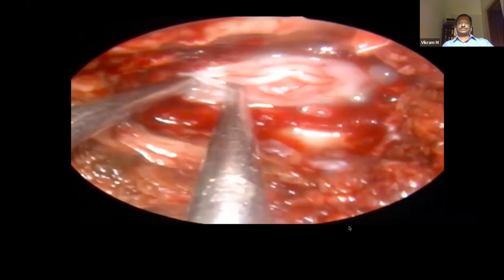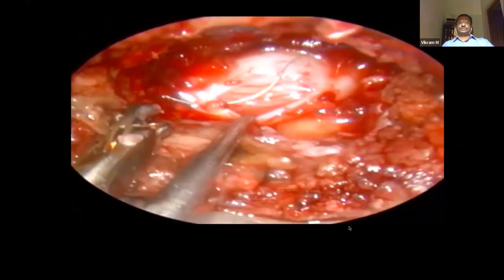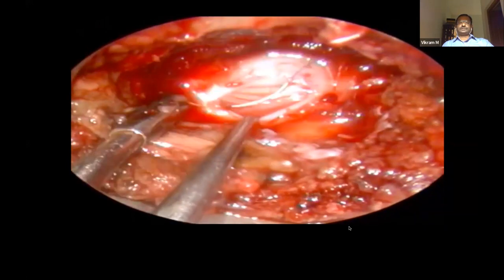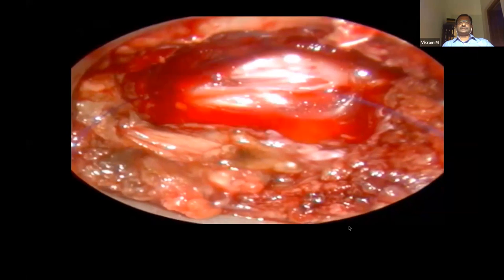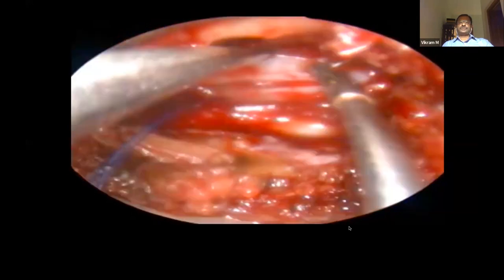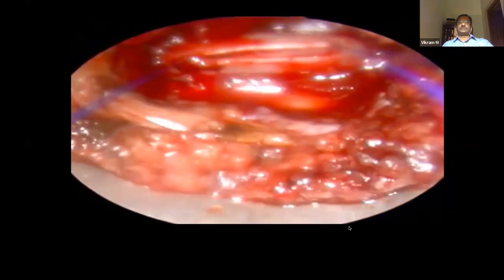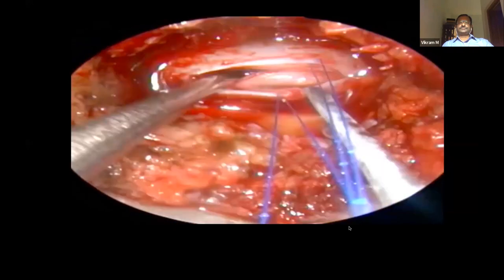On gentle dissection, we use a little bit of coaxial instruments to do the same procedure that we do in the standard hemilaminectomy or laminectomy exposure system.